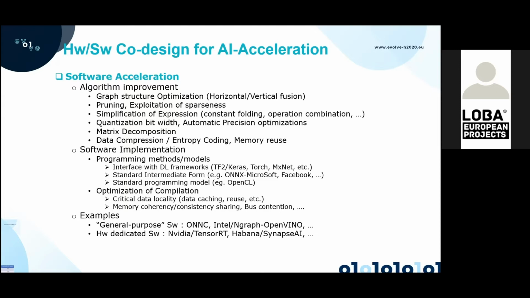Quantization of bit width, in order to reduce the precision while reducing the amount of memory and maintaining some precision, is another objective in such algorithm improvements to accelerate the computation. So automatic precision optimization is also part of those actions that can be done in order to improve the algorithm.